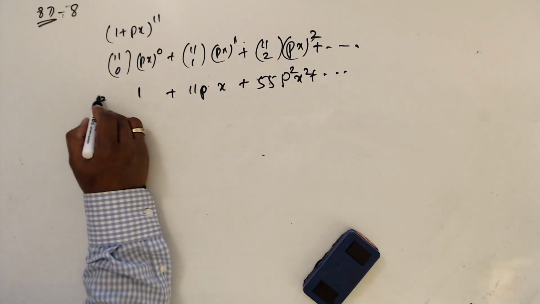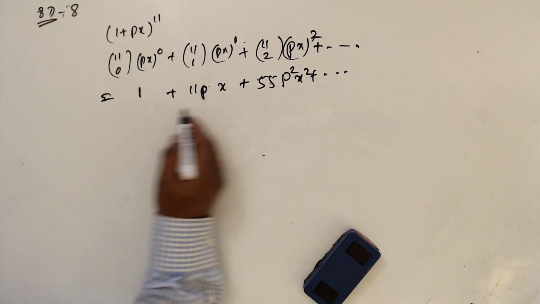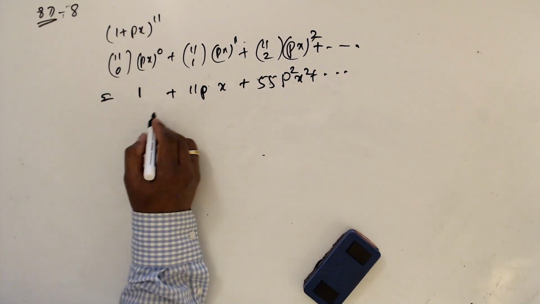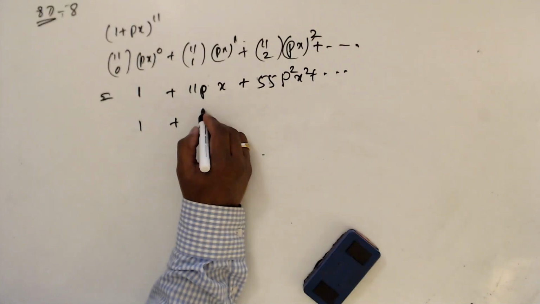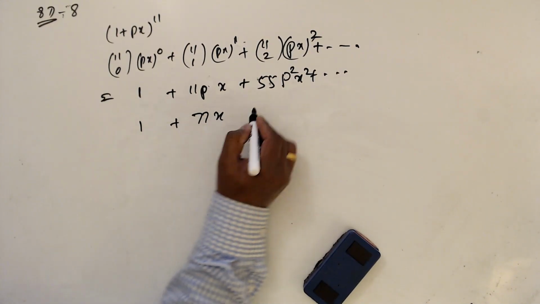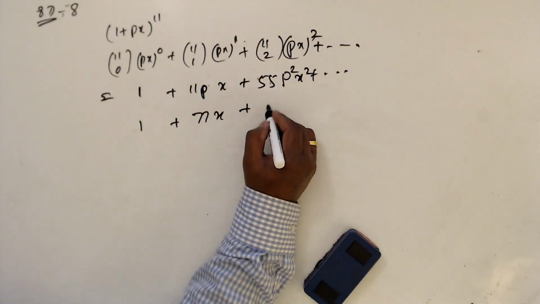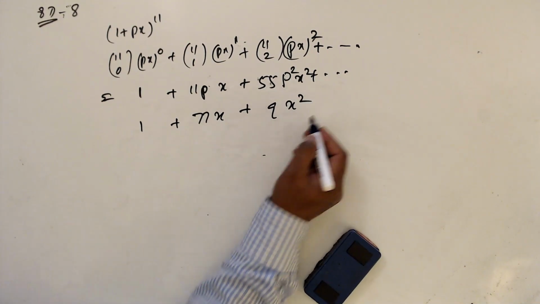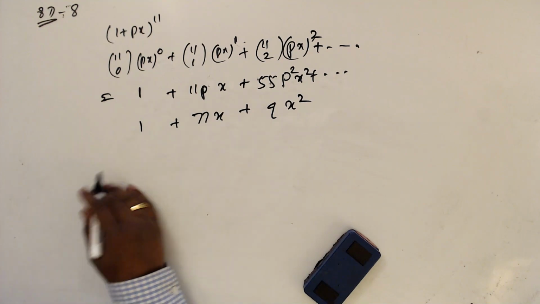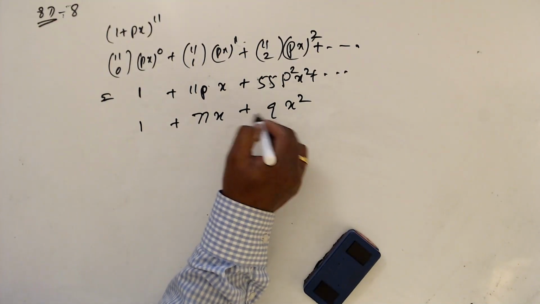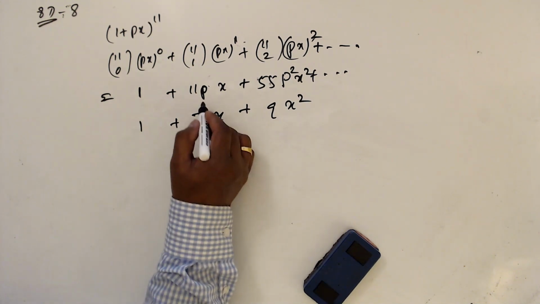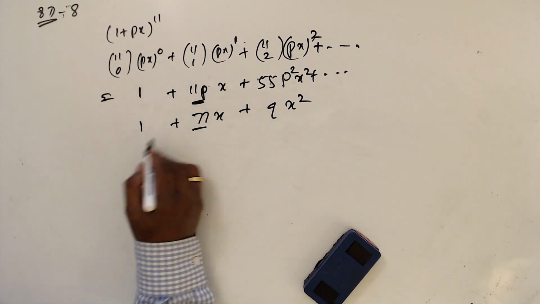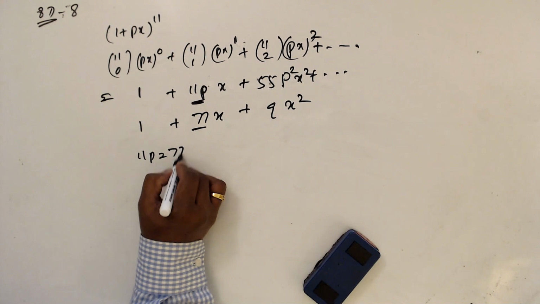So the same expansion, the same terms of this expansion, is going to be 1 and then 77x and qx square. We want to find the values of q and p.